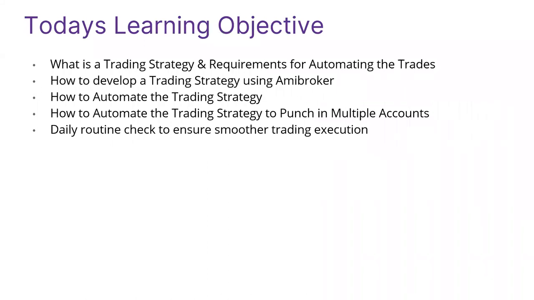Based on that, we can understand how to create a simple strategy in Amibroker and the basic requirements for automating the trades. What do I need? How to develop a trading strategy using Amibroker, how to automate it, how to automate it if you want to punch in multiple accounts, and of course, the daily routine check to ensure smoother trading execution.